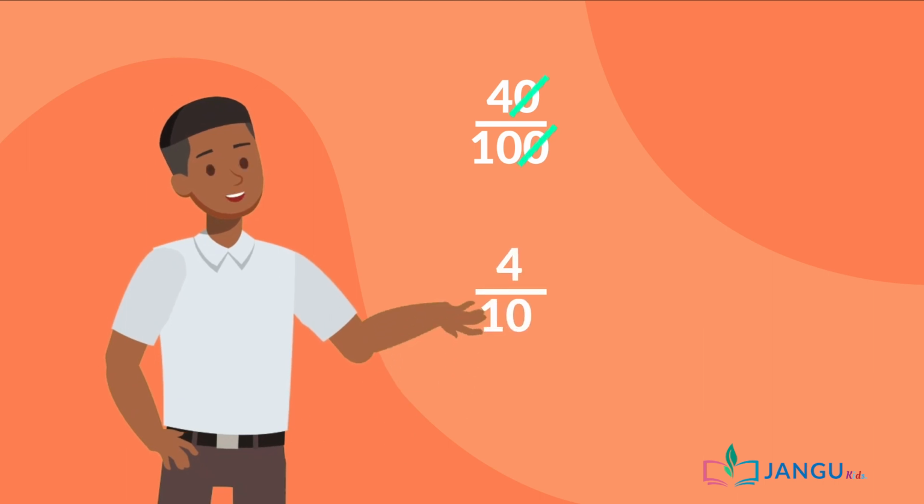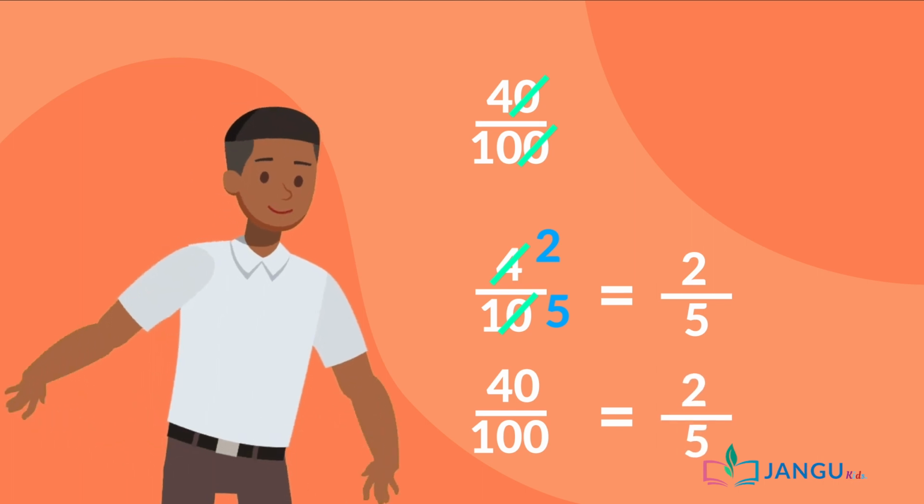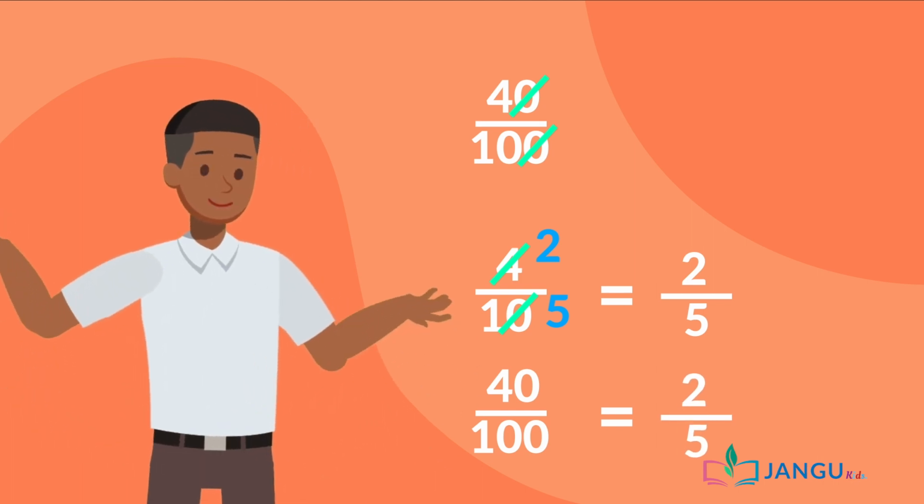We are left with 4 over 10. 2 in 4 is 2, and 2 in 10 is 5, which is 2 over 5. Therefore, 40 over 100 in its lowest form is 2 over 5.